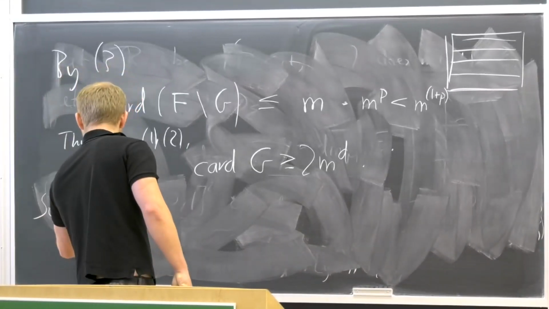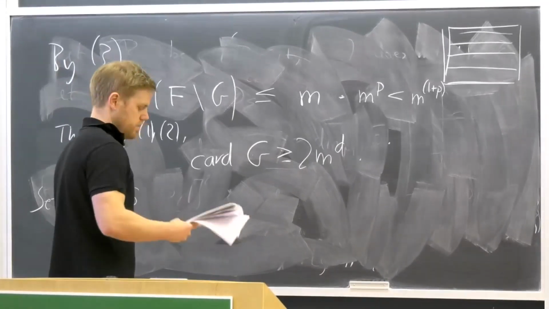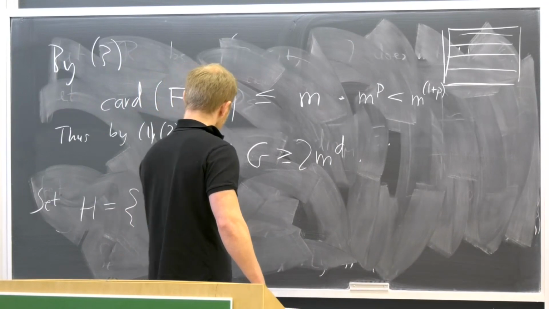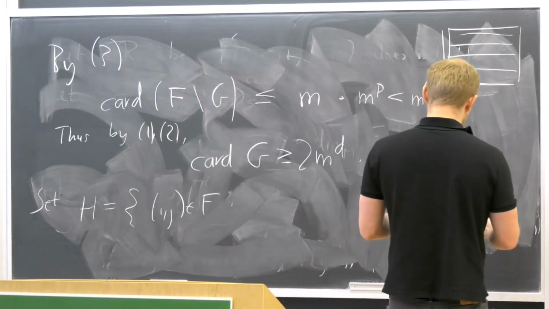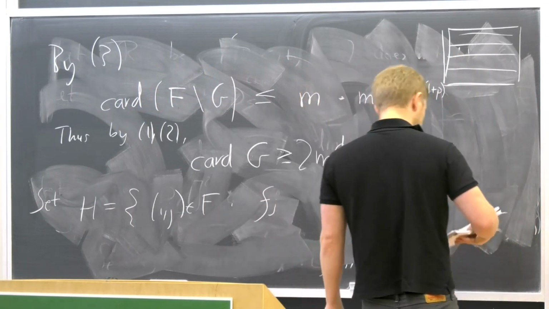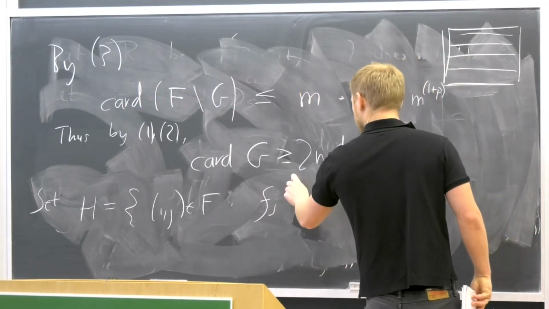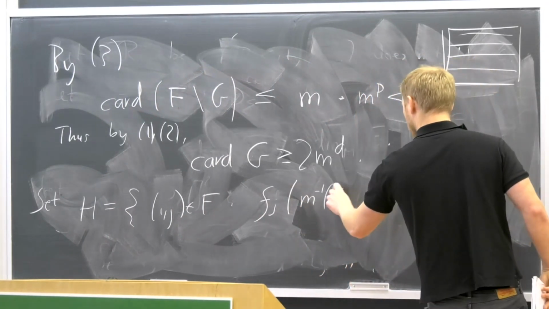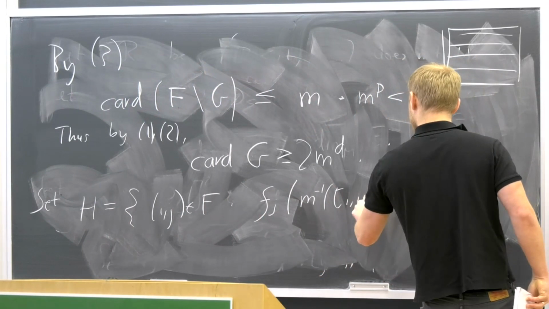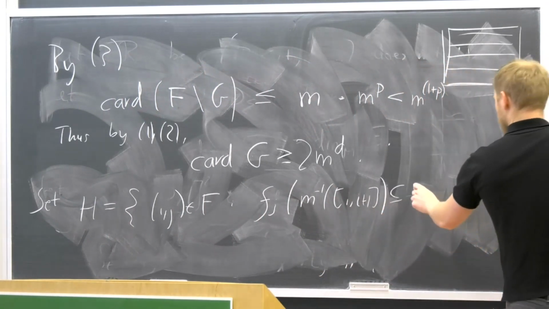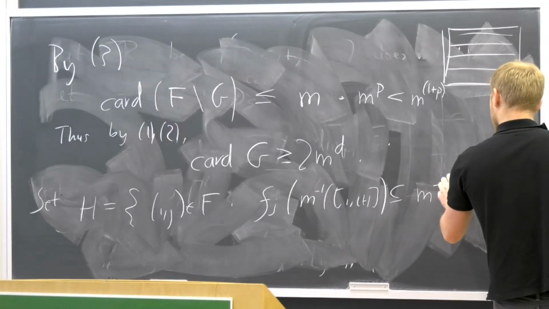Set H to be the ij's in F. So this will be another set we're going to throw out from G, and those are the sets where the interval is kept in the box, m minus 1, j plus 1.